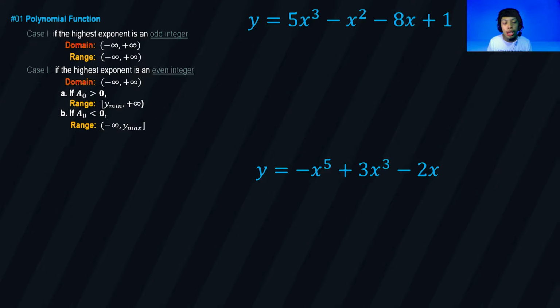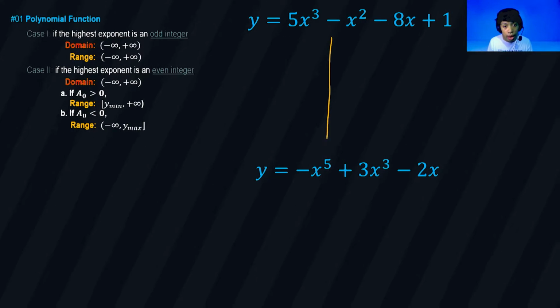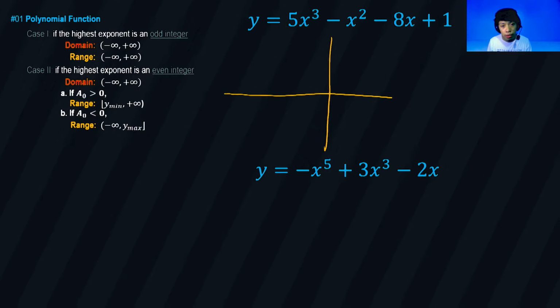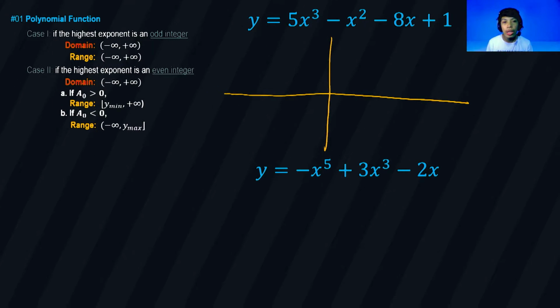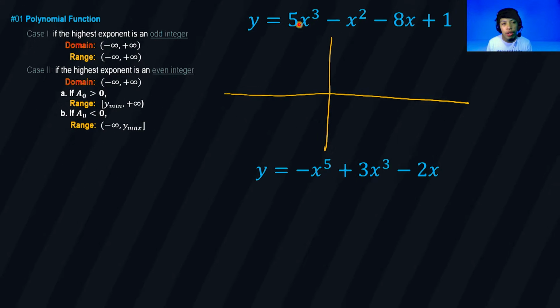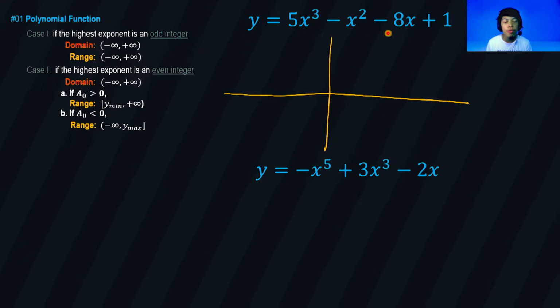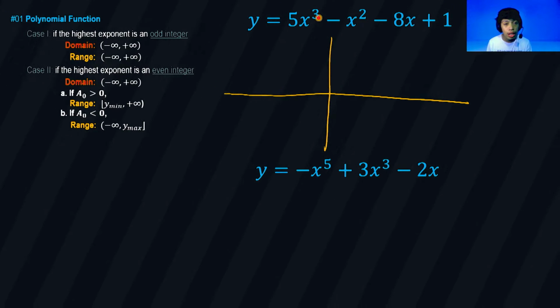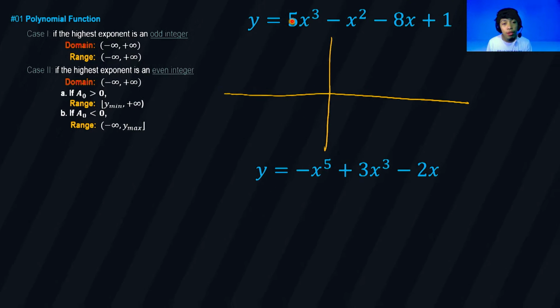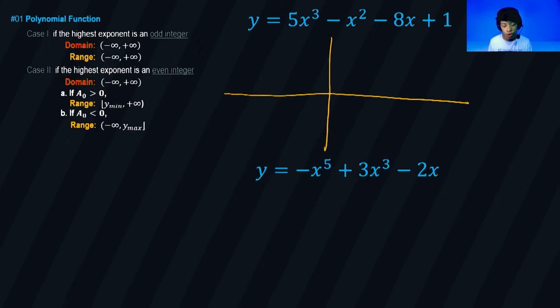Let me explain the behavior of the graphs of these two functions. Now, look at the function. The degree of this function, the highest exponent, is 3. Odd. And the value of a0, take note, a0 is the numerical coefficient of the highest degree term.